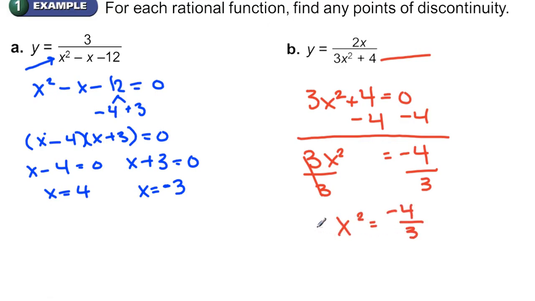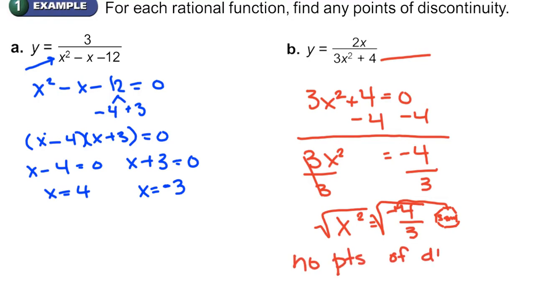In order to solve this for x, we need to take the square root of both sides. And right about now is when you're going, we can't do that, right? Stop. Because this is negative. If it wasn't negative, we could do it. But because that's negative, there is no real answer. So this one has no points of discontinuity.